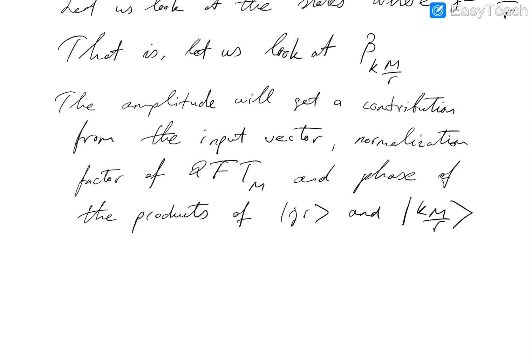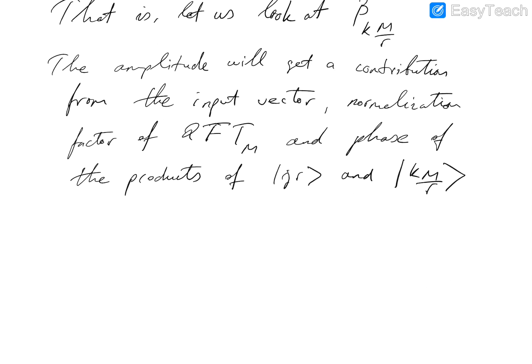So let's explicitly write beta k times m over r. So we have the coefficient that comes from the input vector, right? So that's j from 0 to m over r minus 1, 1 over square root m over r.